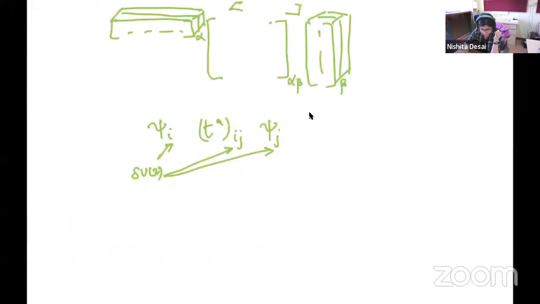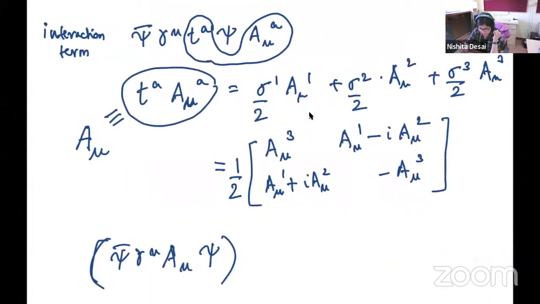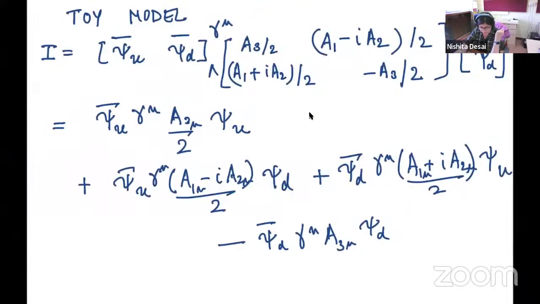Once you do that, you can get interaction terms between the fermions and gauge bosons. So these were the interaction terms. And because there are internal degrees of freedom, you can think of gauge bosons in terms of matrices as well. If you write your gauge bosons in this matrix form, you can relate the gauge bosons and the internal components of the fermions using these interaction terms.